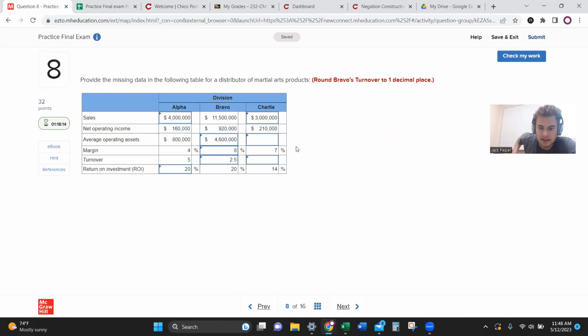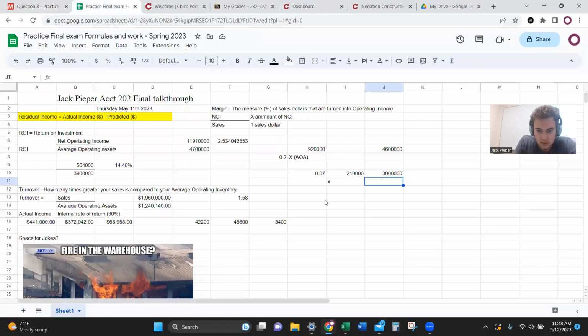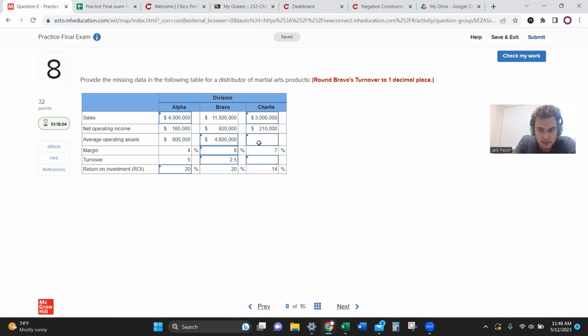Okay, so if our return on investment is 14%, we can do 0.14, and we can divide our net operating income by 0.14 to get our average operating assets.